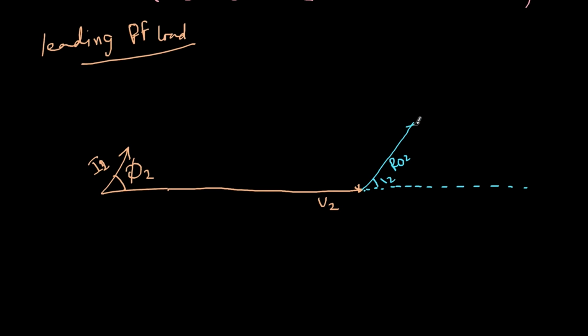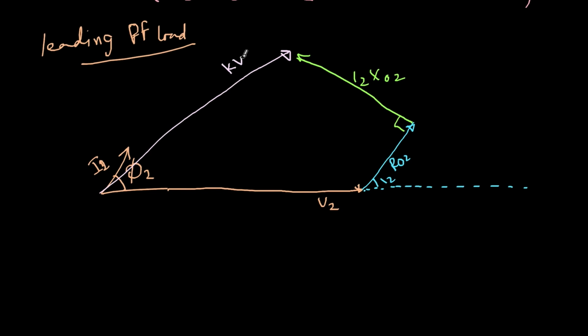So this is I2 R naught 2. Now leading that by 90 degrees will be I2 X naught 2. So this will be 90 degrees leading this drop. So this point, if I join to my original origin, this will be K into V1.